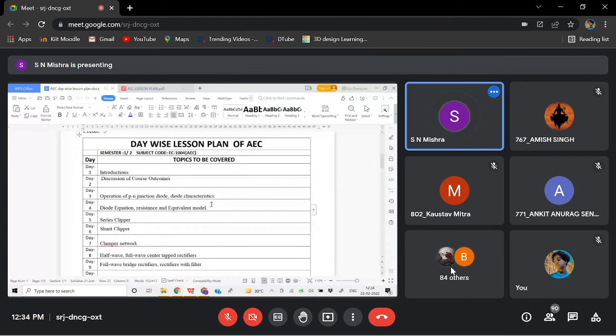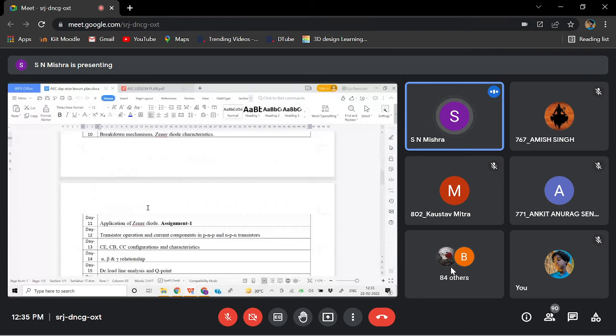It may differ a little from individual to individual. Like the first class we have introduction, and the second class, today, is course outcomes. For the third class it is directly written PN junction diode and characteristics, but before that I'll take this day 3 portion in between the 3rd and 4th class, so that you will be comfortable understanding the PN junction diode.